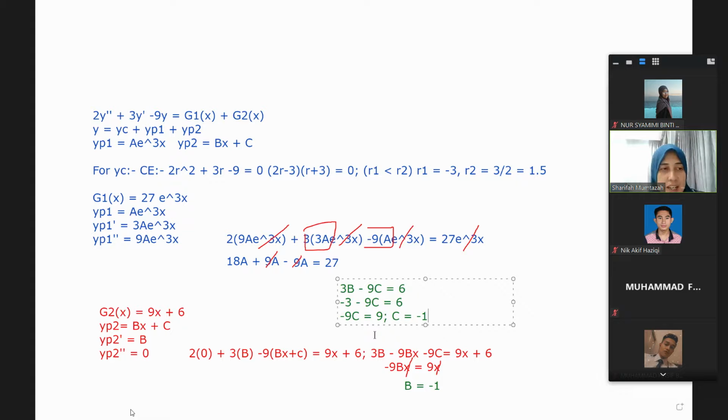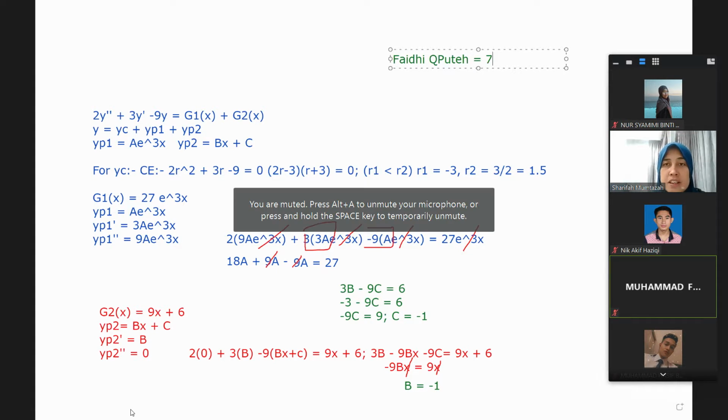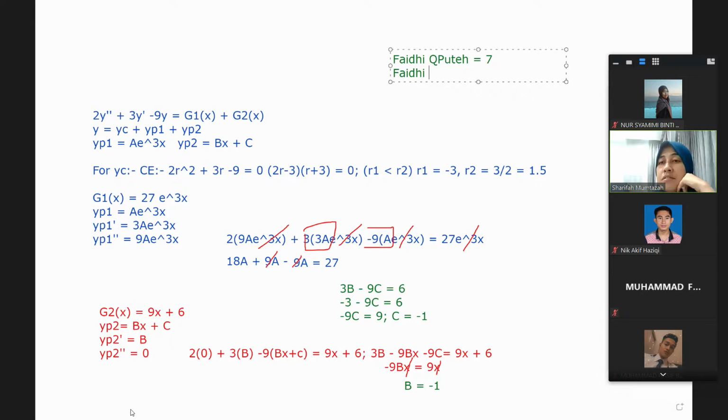Alright, so can I get a representative? Which group are you, Faidy? Group 7. Which part of Kelantan are you from? Pasir Putih. The other Faidy, where are you?